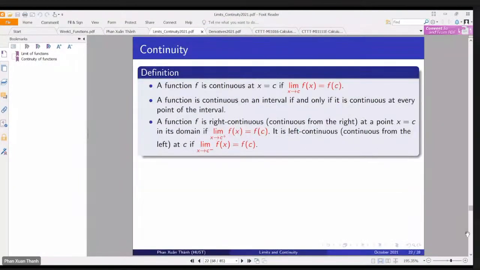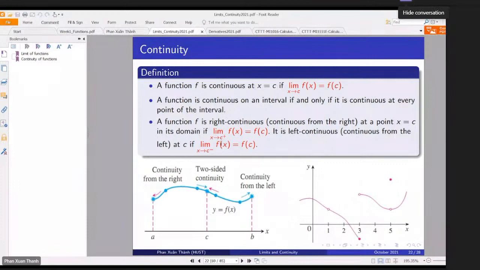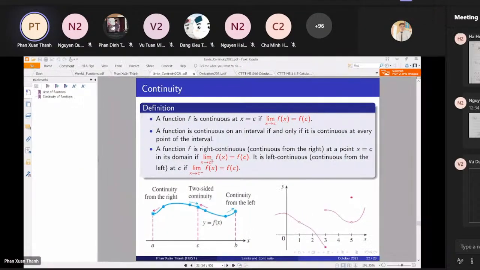The function f is continuous at c if f is continuous from the left and the right. That means the limit of f when x approaches c from the right equals f(c), and the limit of f when x approaches c from the left equals f(c).